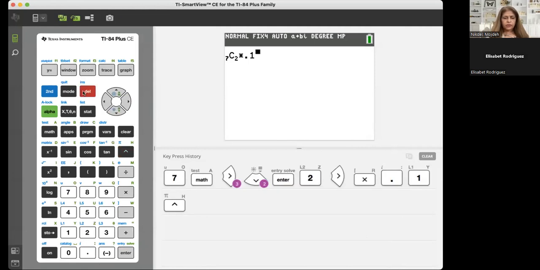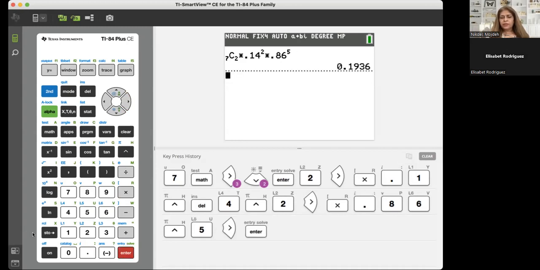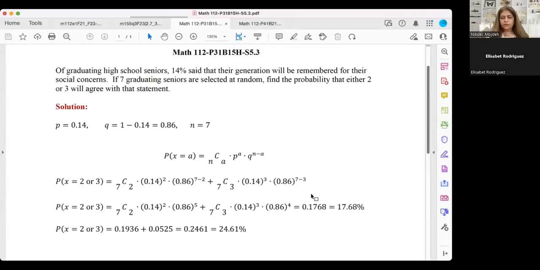Sorry, actually delete that. To the power of 2, I leave the power by pressing the right arrow key, times 0.86 to the power of 7 minus 2, which is 5. I get 0.1936.